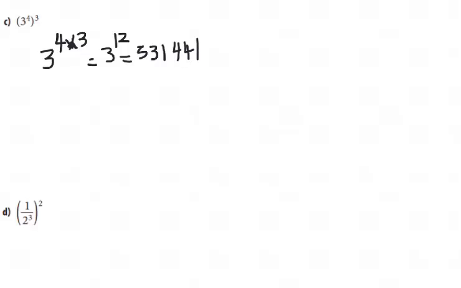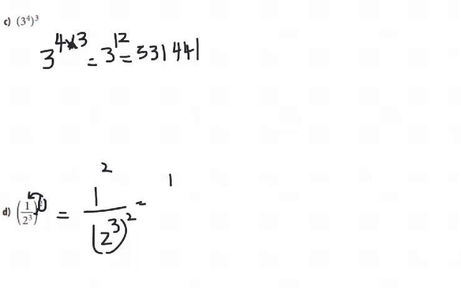Part D says 1 divided by 2 exponent 3, all exponent 2. This is power of a power, so we are going to distribute the exponent inside the bracket. So this becomes 1 exponent 2 divided by 2 exponent 3, all exponent 2. 1 exponent 2 gives you 1.